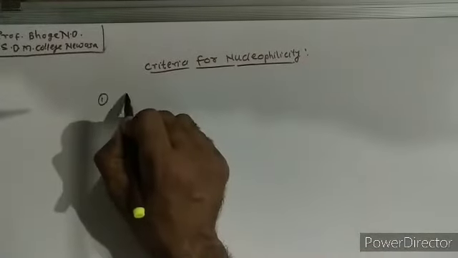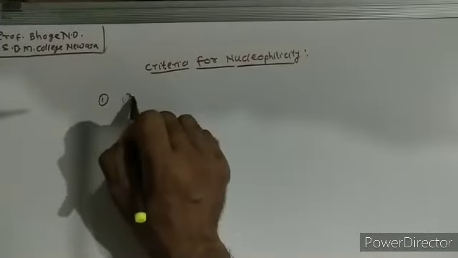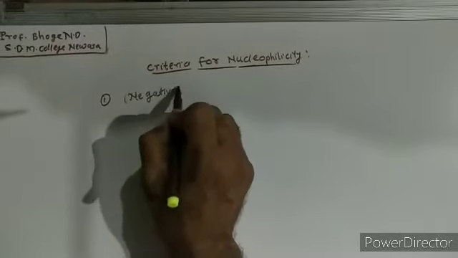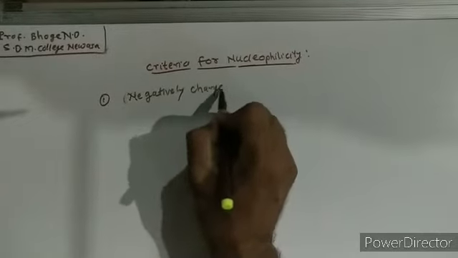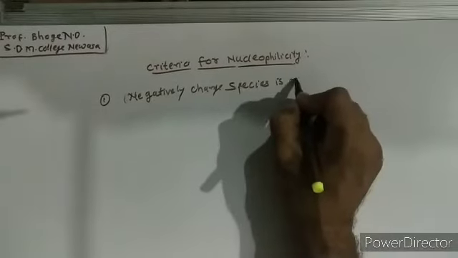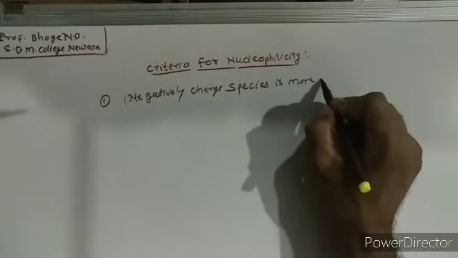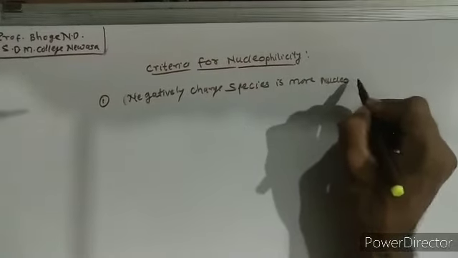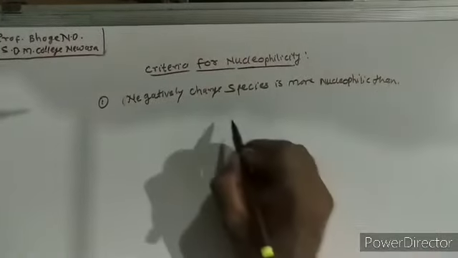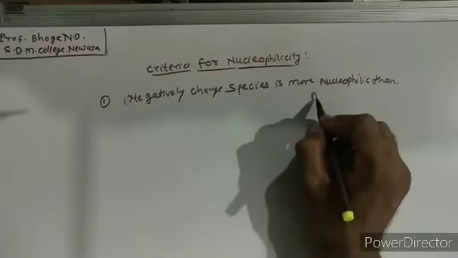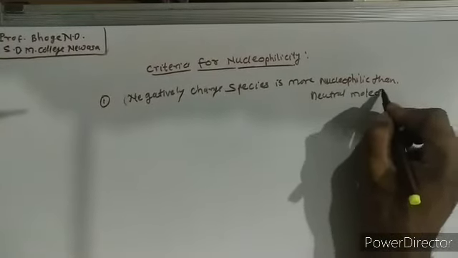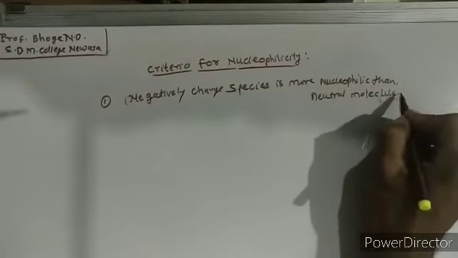First, a negatively charged species is more nucleophilic than a neutral molecule or species.